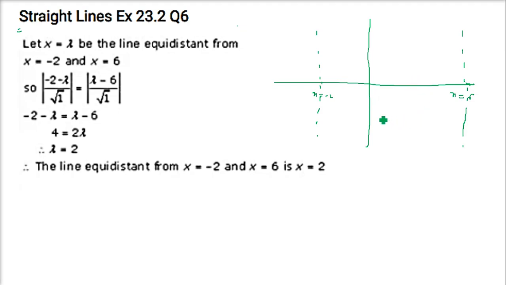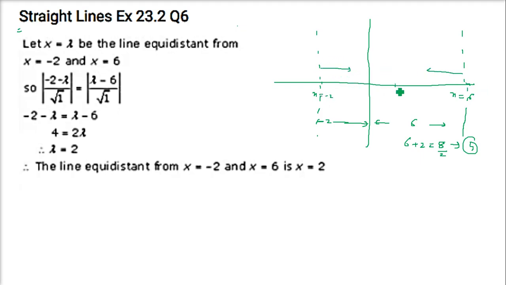From here to here the distance is 6, and from here to here the distance is 2. So 6 plus 2 is 8. In between, divide by 2, so 4. The distance has to be 4 from here and here.